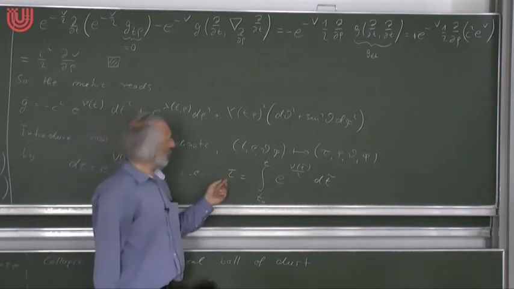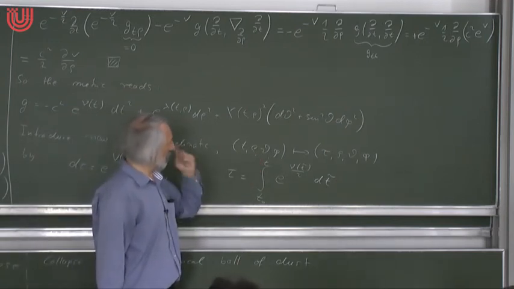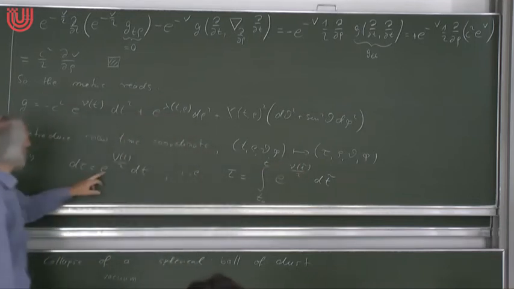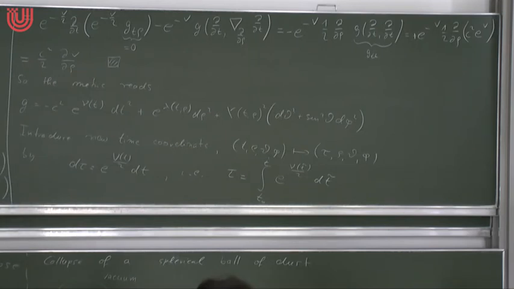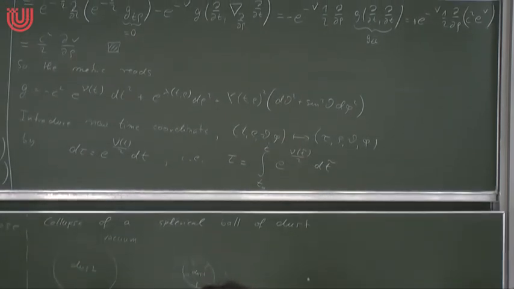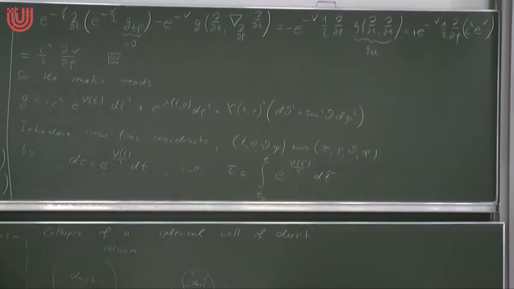If you differentiate with respect to the upper limit, then you get the integrand at the point t times dt, exactly this here. And then, of course, this term is just the d tau squared, and that's what one calls the spherically symmetric metric for a dust in co-moving coordinates.